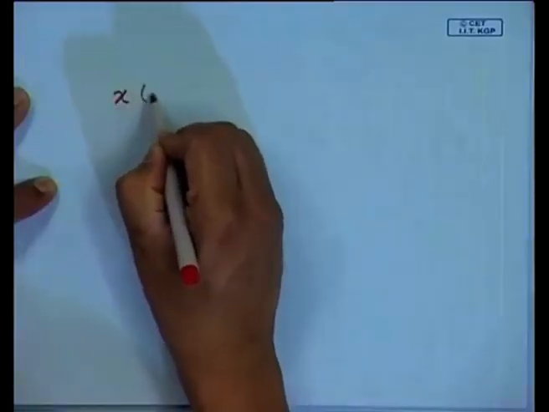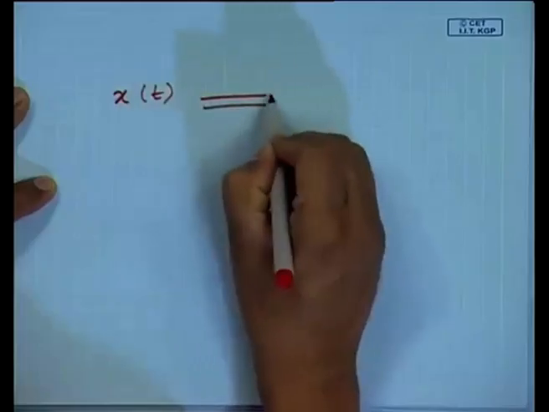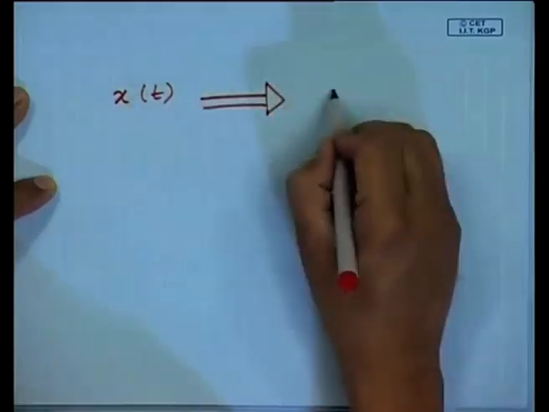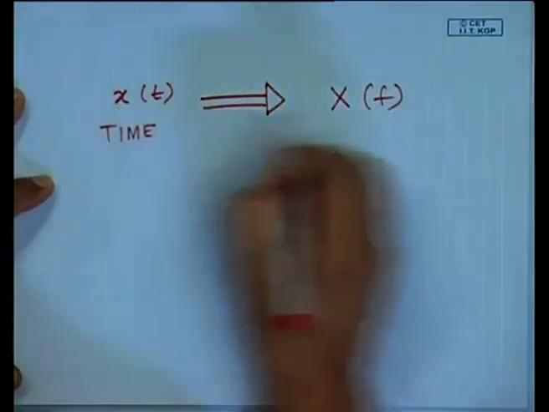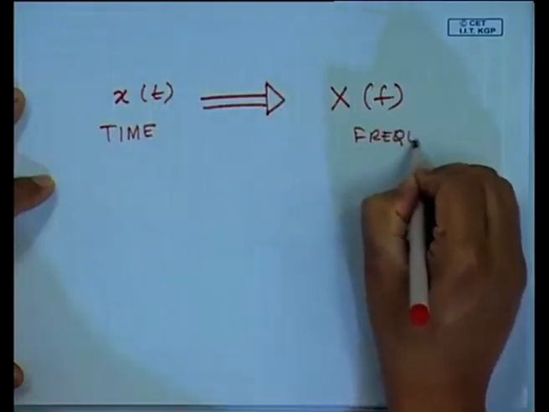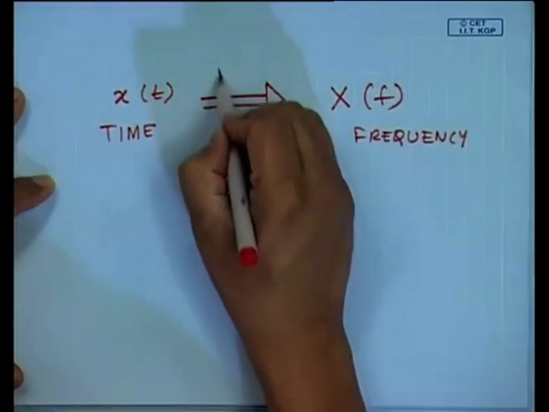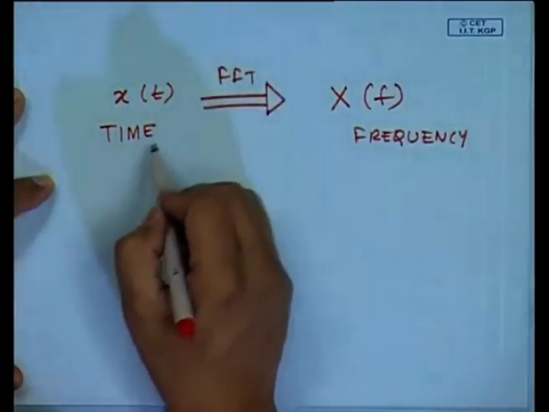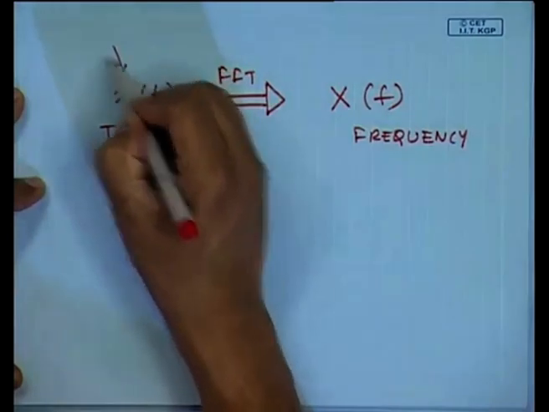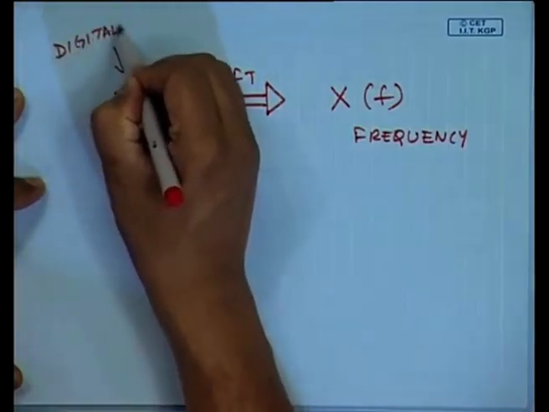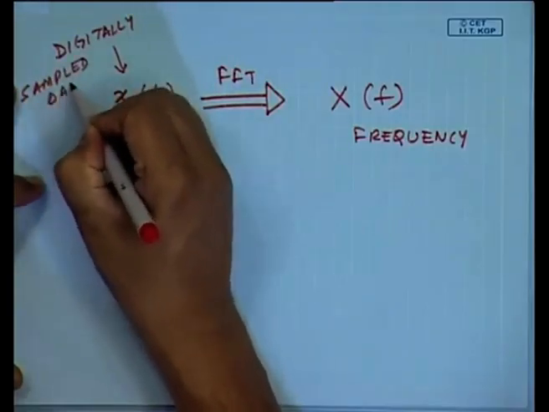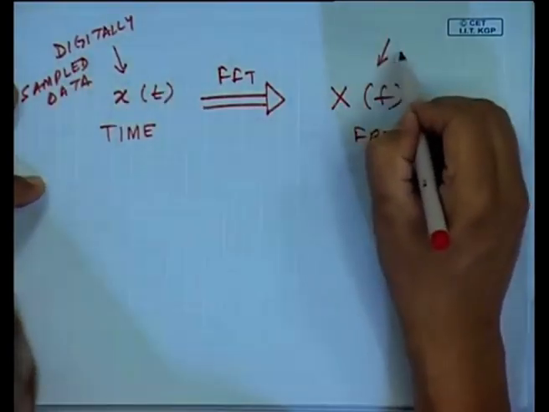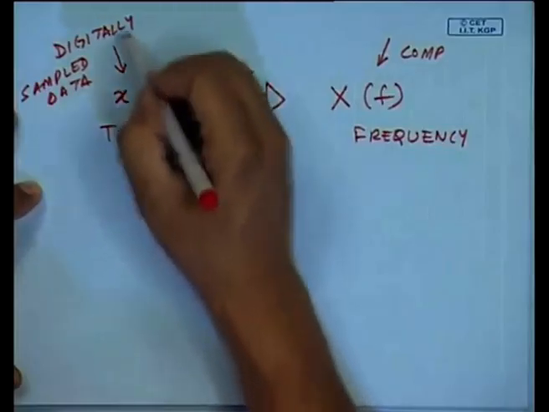So, if I was to now explain this to you in a block diagram, I will have, and I will get, this is in time, this is in frequency, and this is the FFT process. So, this is the digitally sampled data, and this is usually real data.